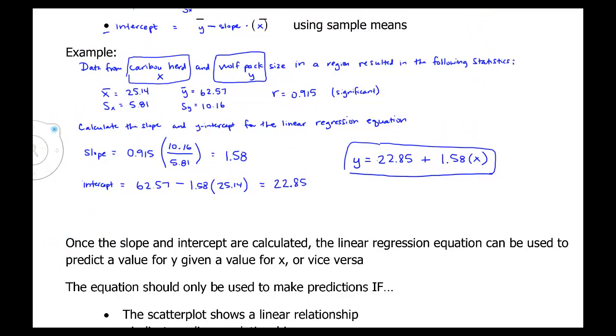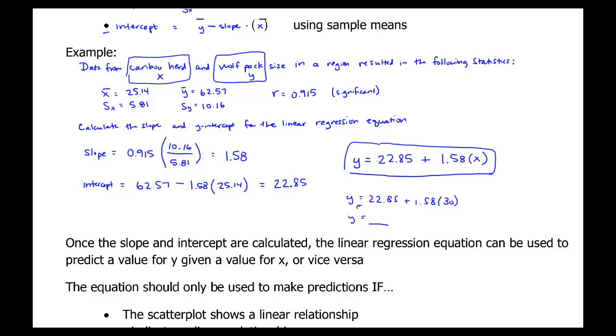If the mean of the caribou herd is around 25, let's just say we want to know if the caribou herd size was 30, how big would the wolf pack size be, which would be y. So you could plug in y equals 22.85 plus 1.58 times 30, and you could solve for y.